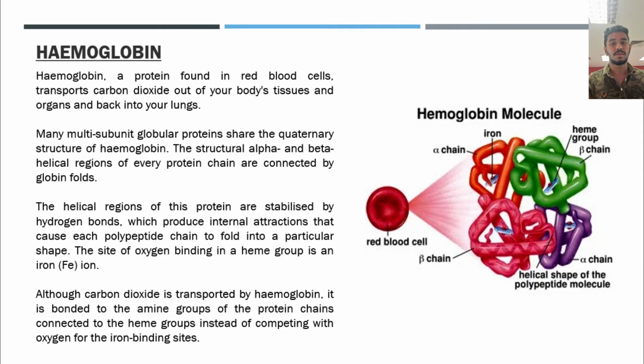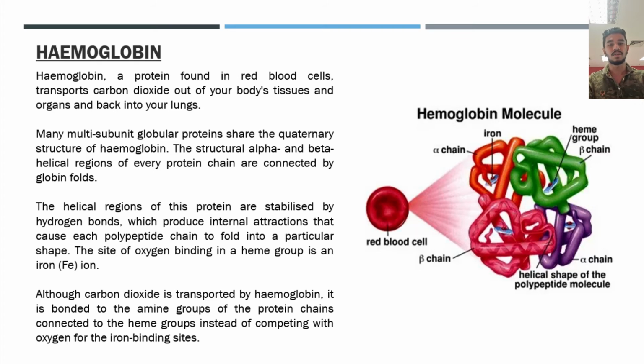After this, we'll be talking about hemoglobin, the thing that is inside the red blood cell. Hemoglobin is made up of 4 polypeptide chains, 2 alpha and 2 beta chains. These chains are interlinked with each other, and they have 4 Fe ions bound to them, one ion to each chain, and each ion allows the binding of one oxygen molecule.